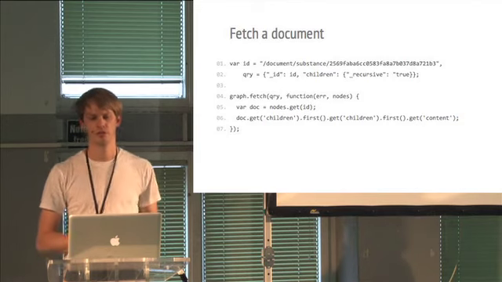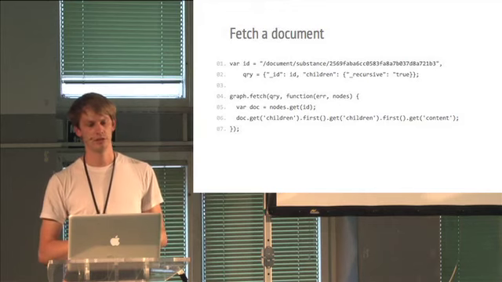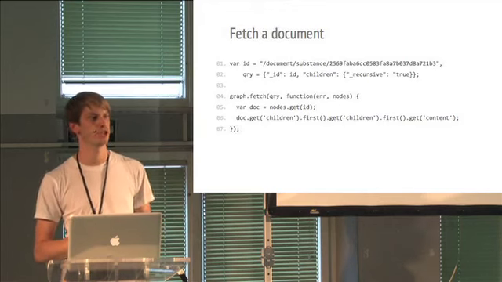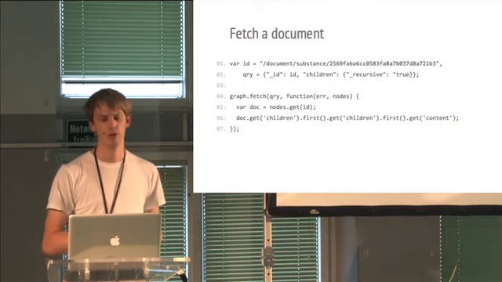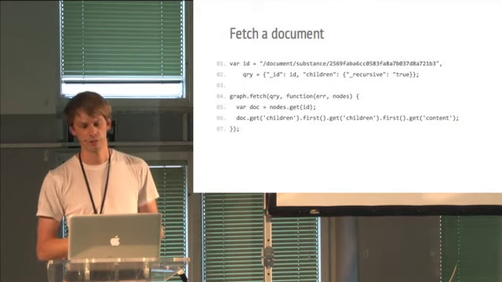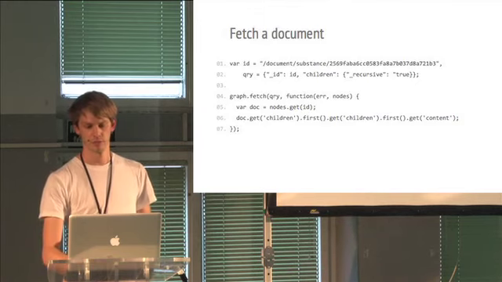You can then start fetching a document by specifying a query object and passing it to the graph.fetch method. And you get called back as soon as the result is there.